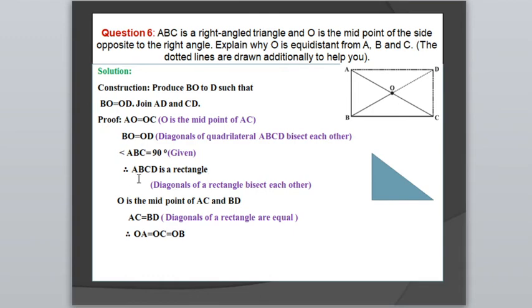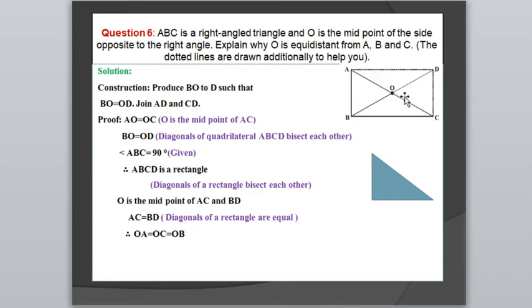Therefore ABCD is a rectangle, because the diagonals of a rectangle bisect each other. Here the diagonals, that is OB and OD are equidistant, and OA and OC are equidistant, as O is the midpoint.